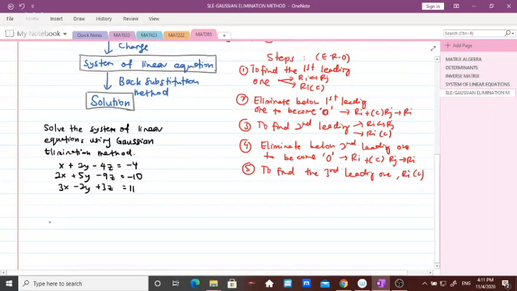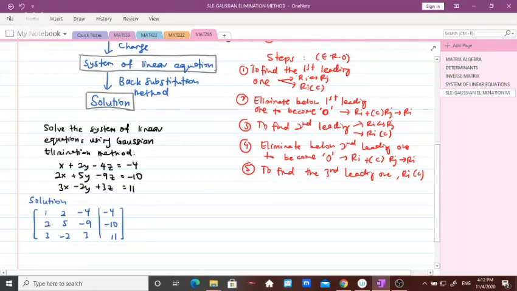Right. So our first step is to change the system into a row echelon augmented matrix. The augmented matrix is a matrix combining A with the constants, right?